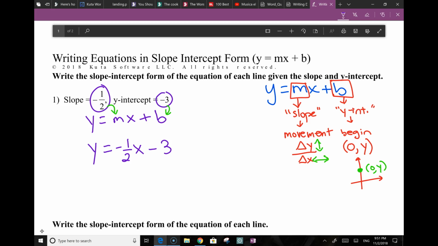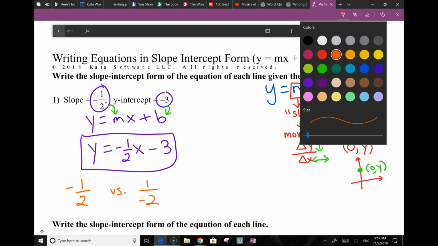I often get asked, Mr., would this -1/2 be any different if the negative were on the 2 instead of the 1? The answer to this question is the only difference that you would have is in how it looks and also in how it's telling you to move along the line. Just to illustrate my point, -1/2 versus 1/(-2) means simply this.